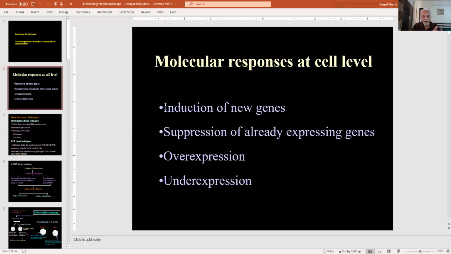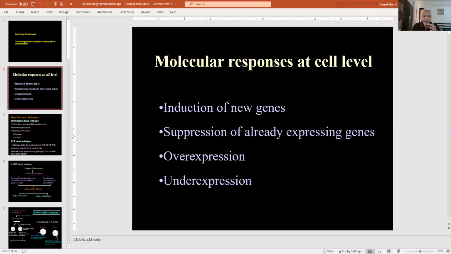In other words, we try to link a gene with a phenotype. That is, if you silence that gene, the phenotype of the plant is lost, or if you overexpress it, it strengthens the trait or the phenotype. This is the basic principle behind trapping a set of gene or genes which may be responsible for a particular phenotype.